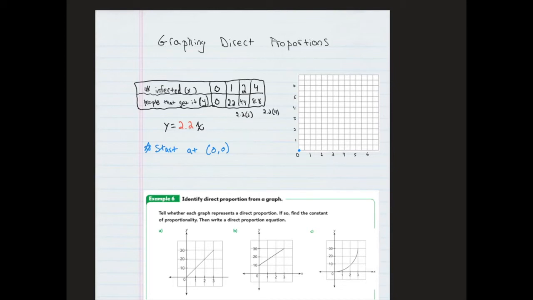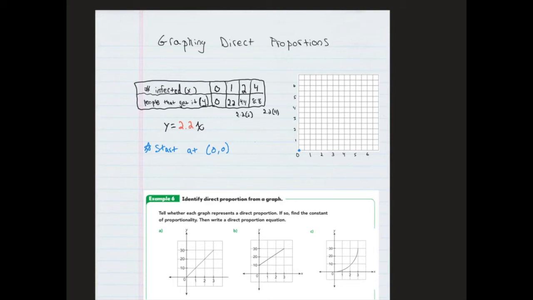That means if you have 0 of nothing, you have 0 of the other thing, which makes sense in this context, and it'll make sense in other word problems as well. If you have 0 gallons of water, you can't have any fish. That would be a reference to our last lesson. So it's to start at 0, 0.